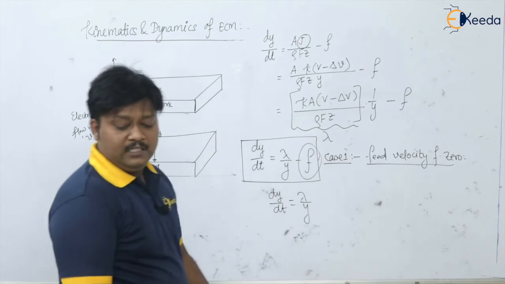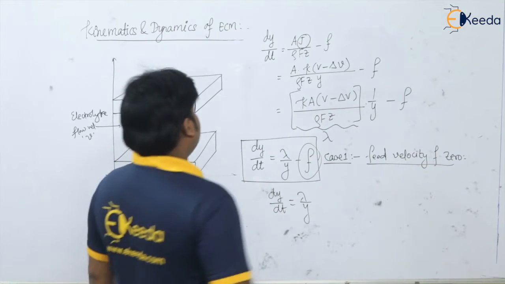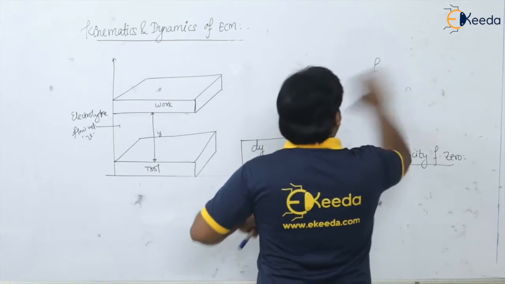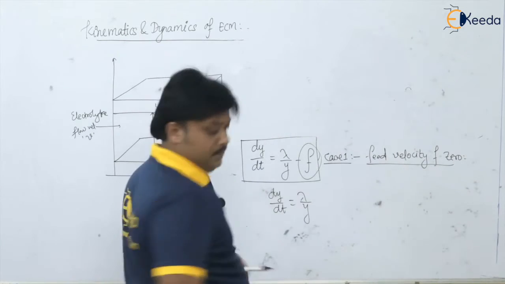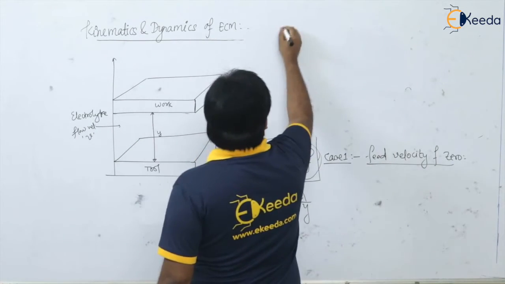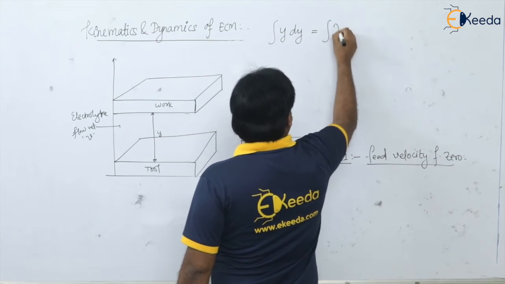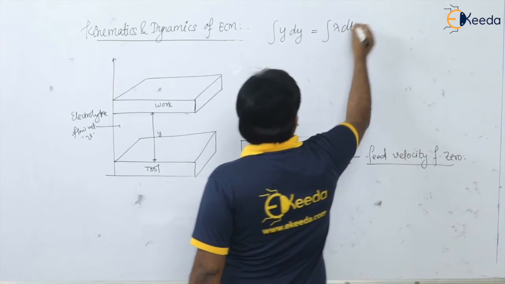So solve this equation. How to get the value for y? Then we have to integrate it, isn't it? So I will write here: integral y dy is equal to integral lambda times dt.